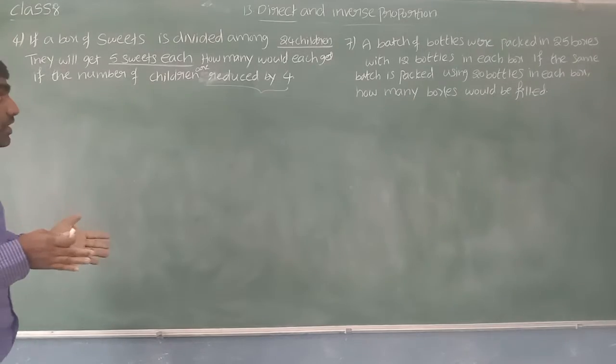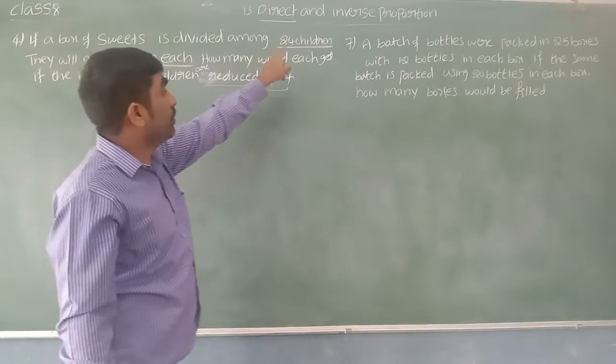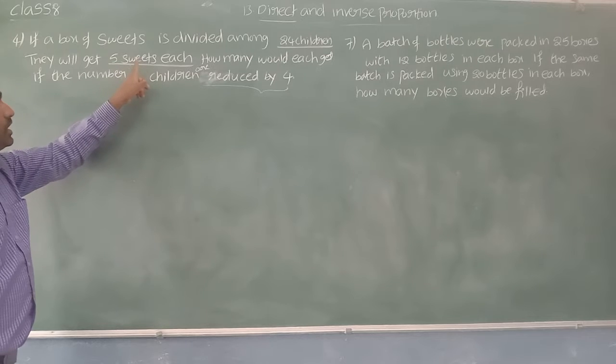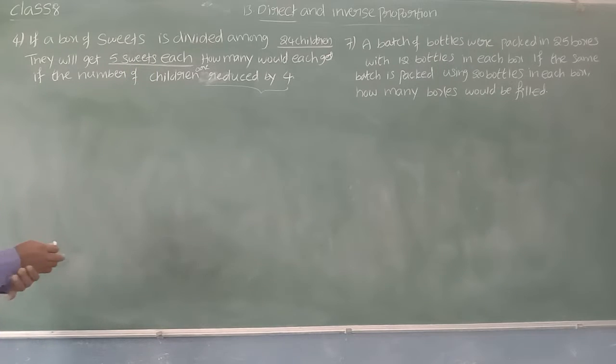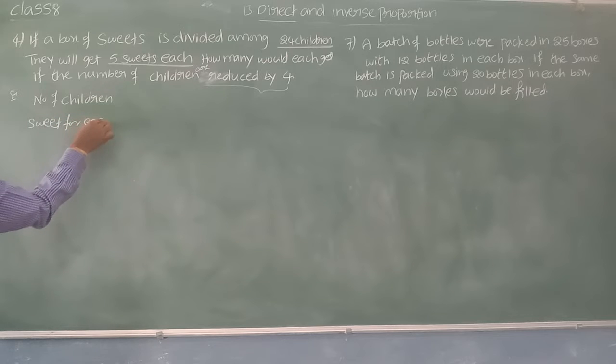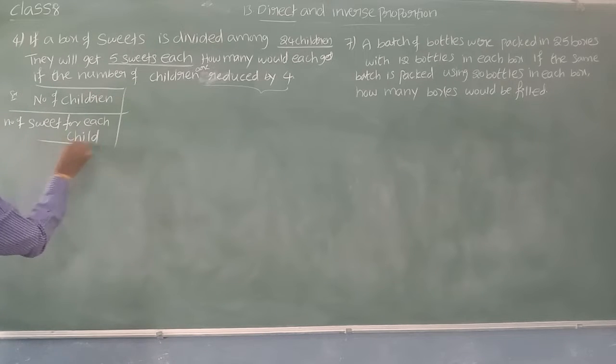First we need to identify the two quantities. The first quantity is the number of children, and the second quantity is the number of sweets for each child.